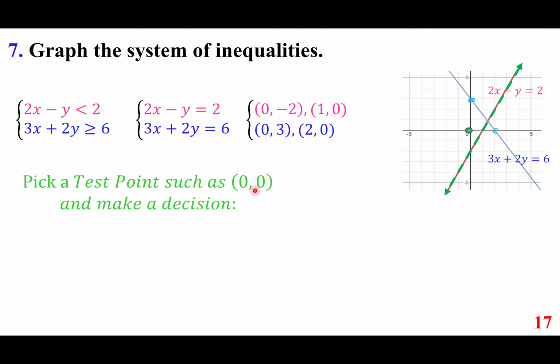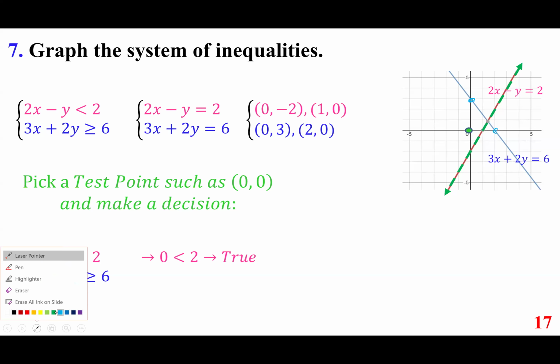We are going to put this back into the original inequalities for each case. For example, if I put it here, 2 times 0 minus 0 less than 2, 0 is less than 2, it's a true statement. And because that's a true statement, I'm looking at the red line, the shaded region would be this side of it.